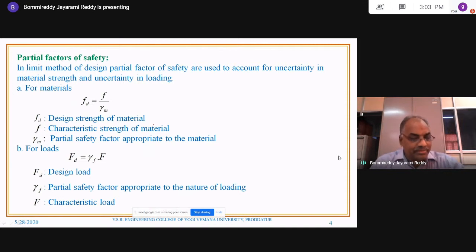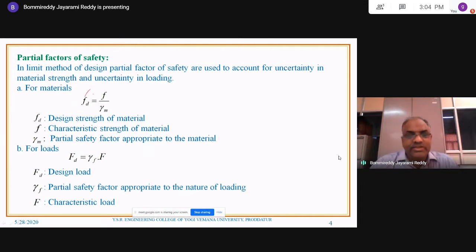The limit state method is the important method which considers the safety of the structure and also the serviceability requirements. So factors of safety are given both for the materials and the loads. Safety of the structure is ensured by introducing a partial factor of safety for materials and a partial safety factor for the loads. Now let us have a look at materials.